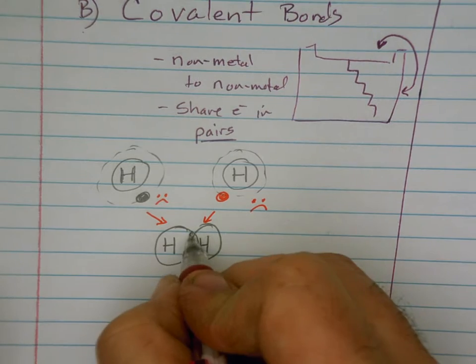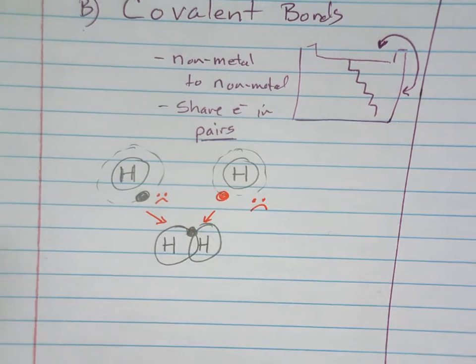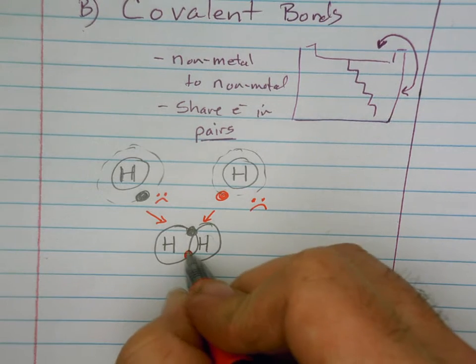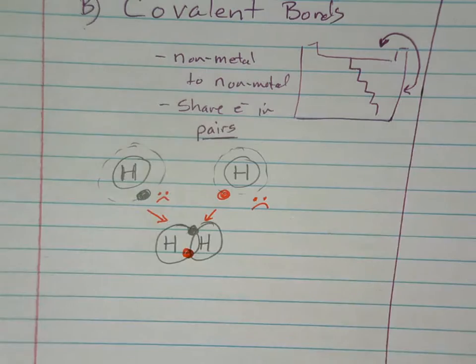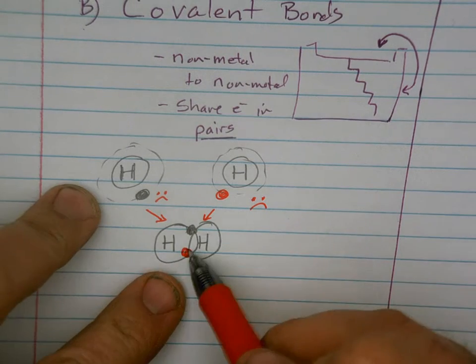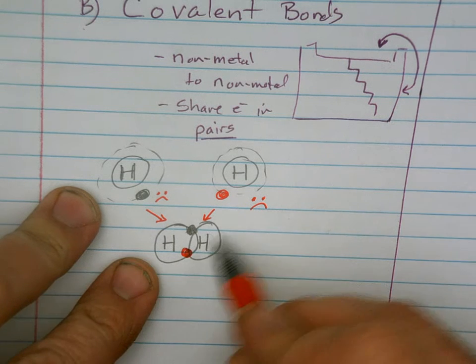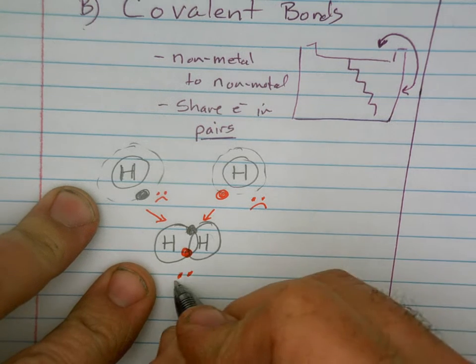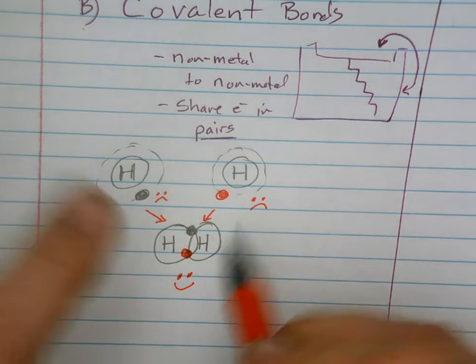So this one, there's the one I drew in dark from this atom, and this electron right here. So now what happens is, when they get close to each other, they have a pair of electrons that they're sharing. Now they become happy. We call it stable. Now hydrogen, it's easy to break the bonds there.